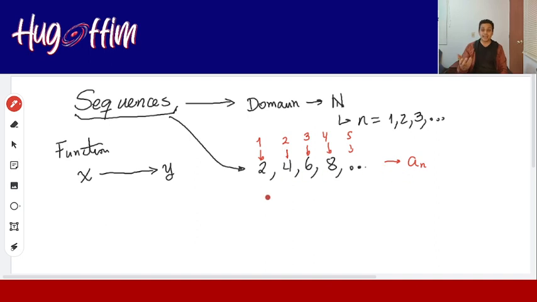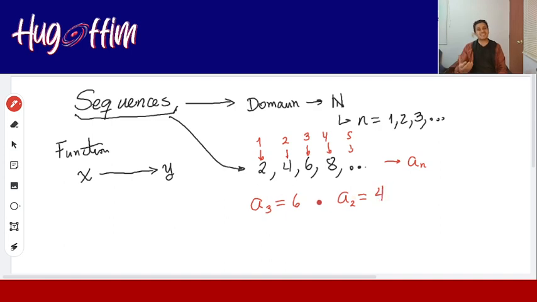If I want to know the term a sub 3, or the third term, I just go to the third position. The third term is 6. If I want to know the second term, it is just 4.